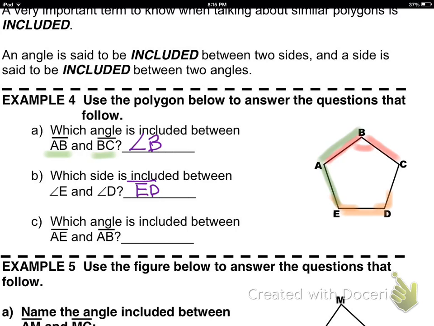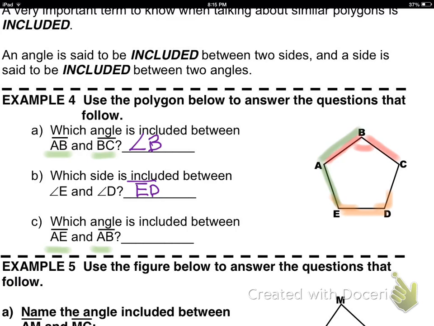It's the letter B. So that clues us into which angle is included between AB and BC. It's the angle B. And the same can be said for the angle A, since A is the common letter in the name of segment AE and segment AB.